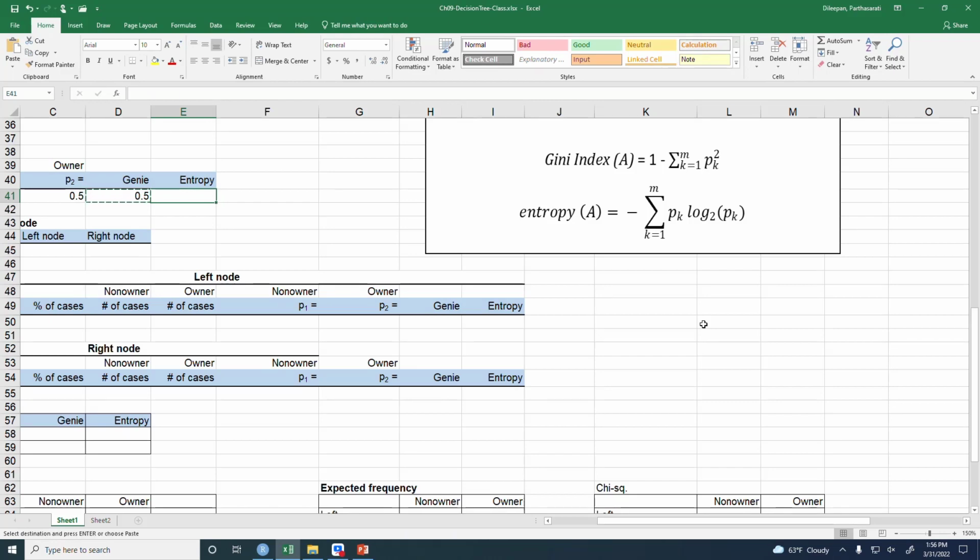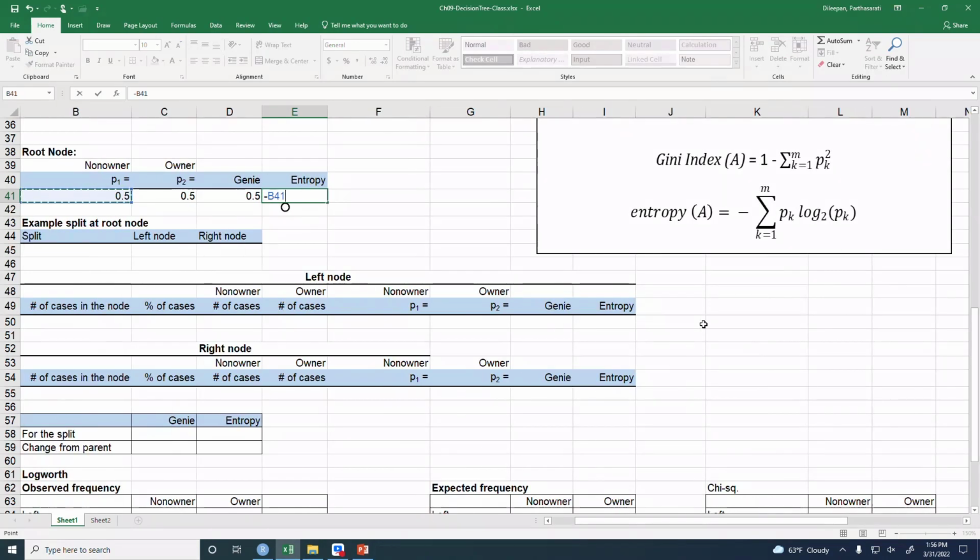This formula is negative P sub 1 times the logarithm of that probability to base 2, and then minus P sub 2 times the logarithm of P sub 2 to base 2.